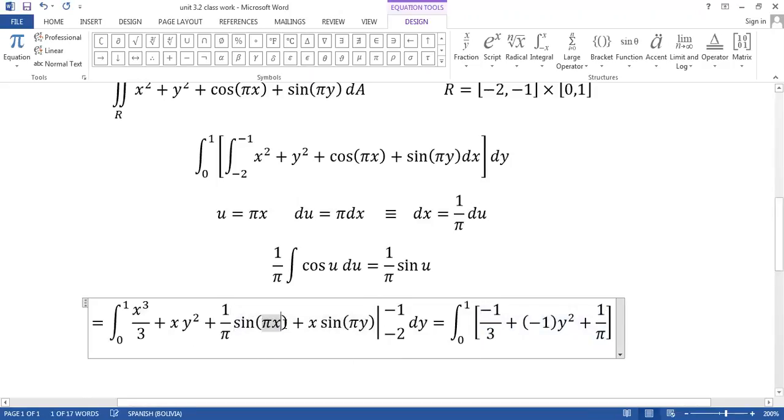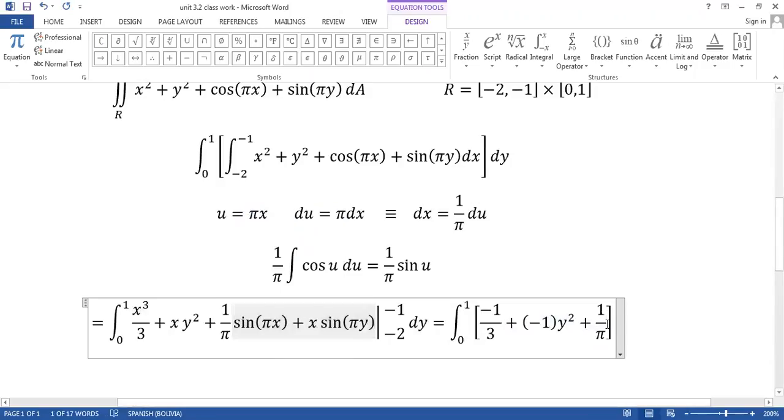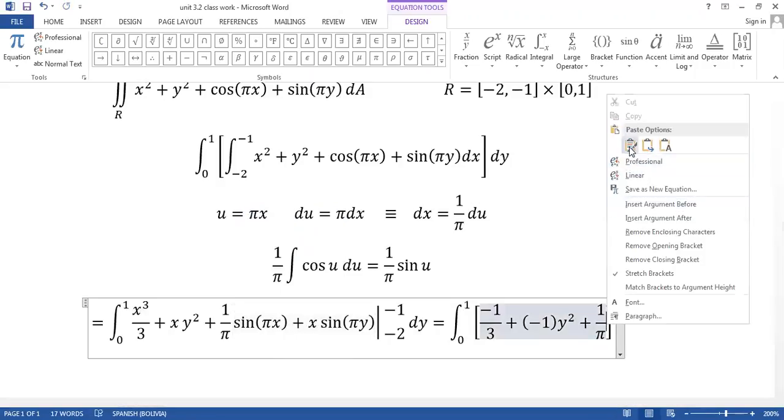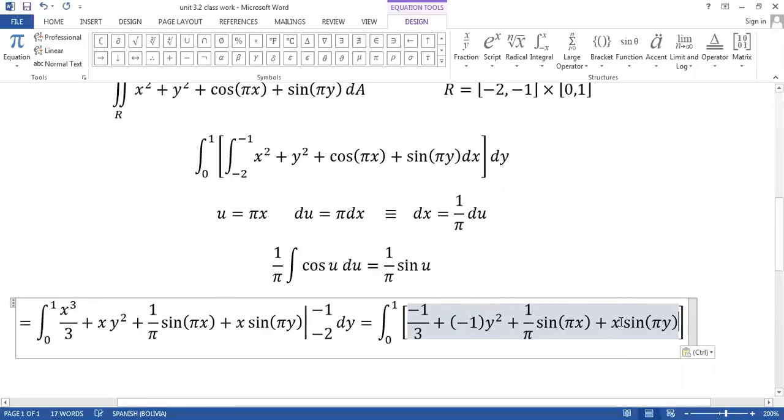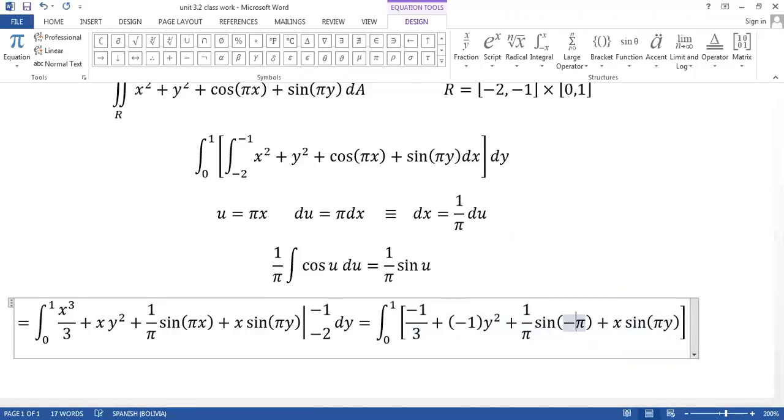I should just copy that. Oh no, this is -1, right? I forgot where I was. Negative, so that would be negative pi. And this is -1.